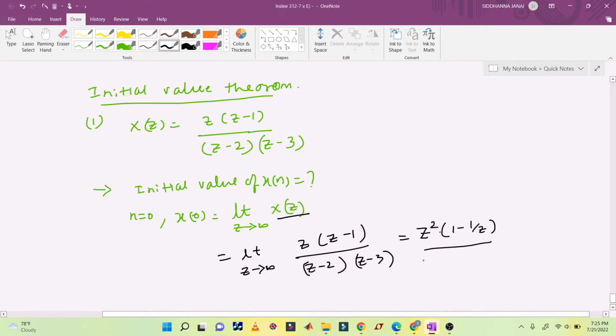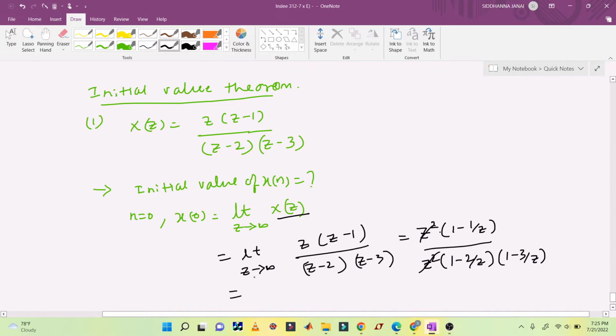Divided by z square, I will take common, that means 1 minus 2 by z, multiplied by 1 minus 3 by z. So z square and z square will get cancelled.